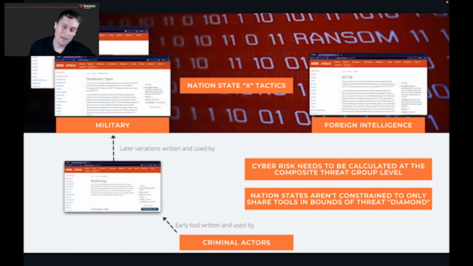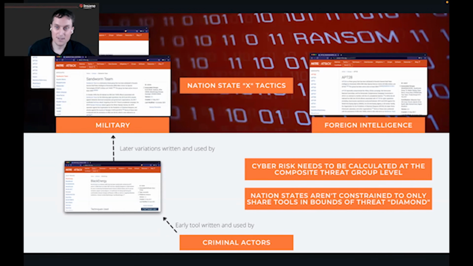Similarly, if you're worried about nation state X, you also have to consider the non-governmental groups: your criminal actors, cyber mercenary groups, both developing and doing ops out there. You have to consider things like BlackEnergy, which is an industrial event. The first version of the tool was written by criminal actors and was out on Russian forums.